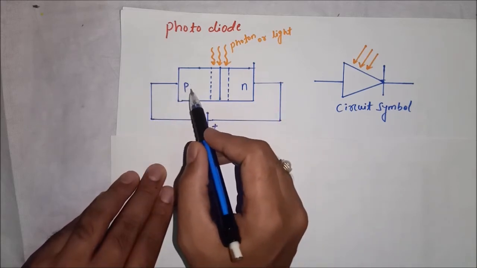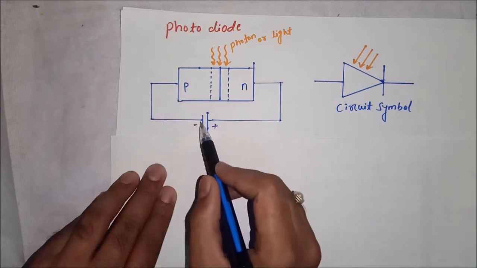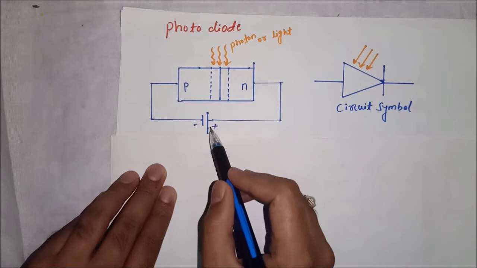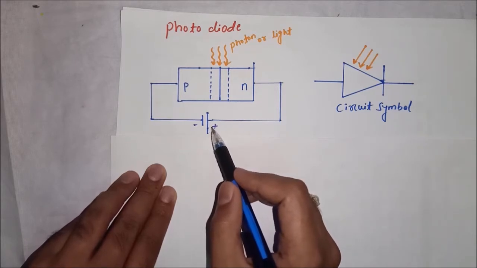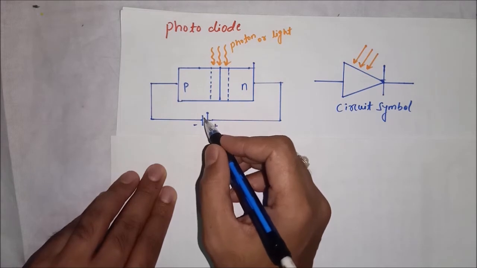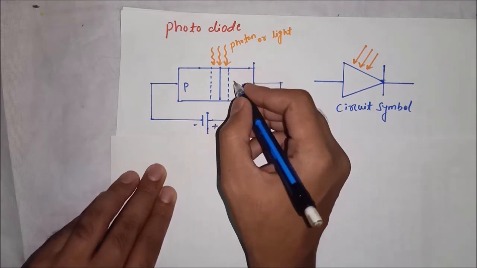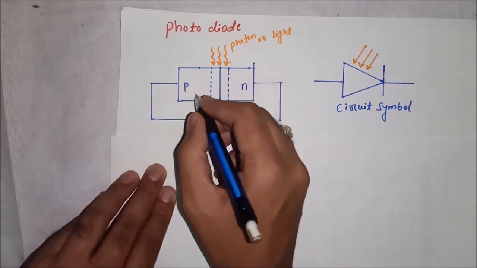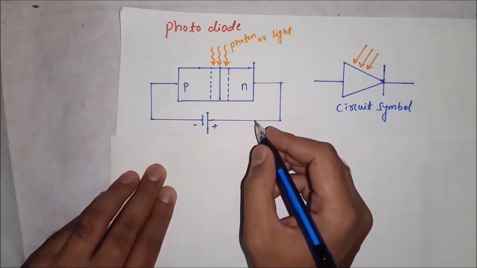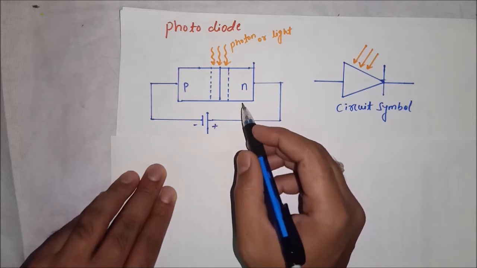You can see the P type is connected to the negative of the battery and the N side is connected to the positive of the battery. Now, if you connect like this, what happens? Only the minority charge carriers can flow in it, and that produces very tiny current, of the order of nanoamps or microamps. Less than that, the current will be produced, and there is no use from that.